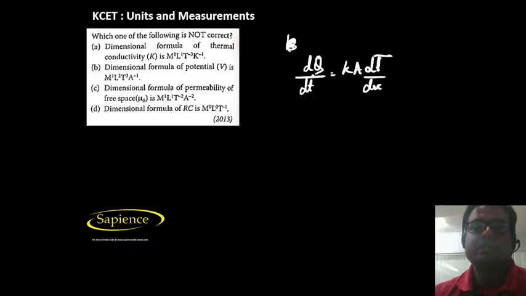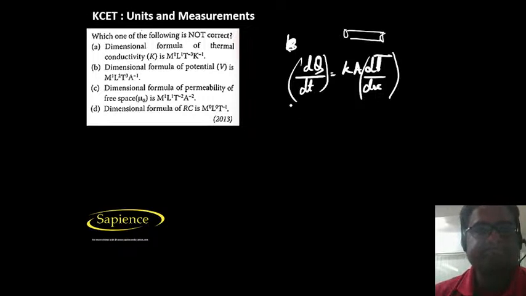It means the rate of flow of heat per unit time, where Q is the amount of heat flowing, dQ by dt equals K A dT by dx, where dT by dx is called the temperature gradient. It means the temperature change per unit change in length in the conductor.